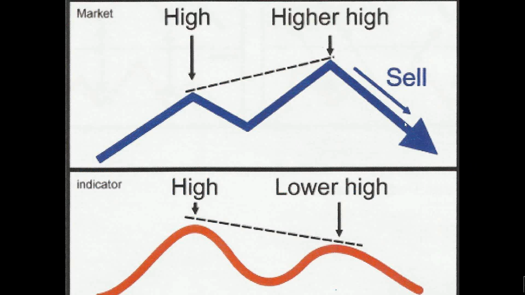Hidden bearish divergence happens when price is making a lower high, but the oscillator is making a higher high. And usually it happens during a downtrend, and that hints to the chart continuing to go down. So hidden divergence is telling you that the chart will continue in the trend direction.